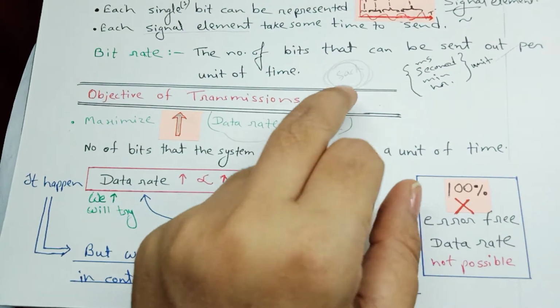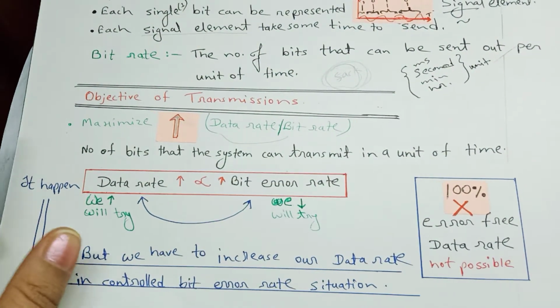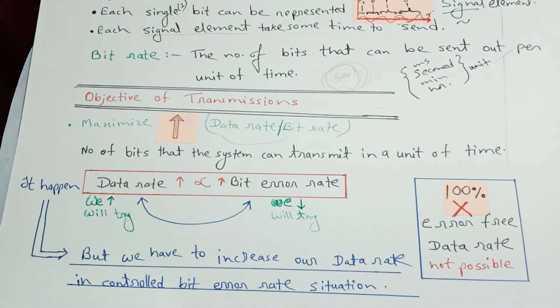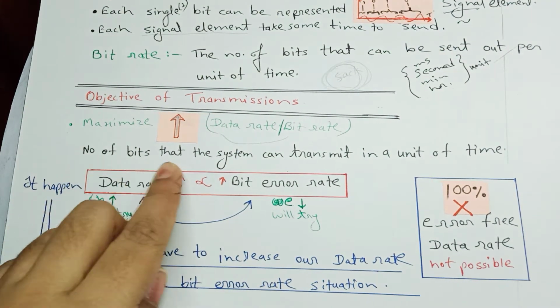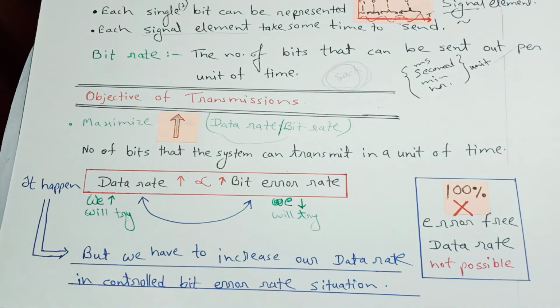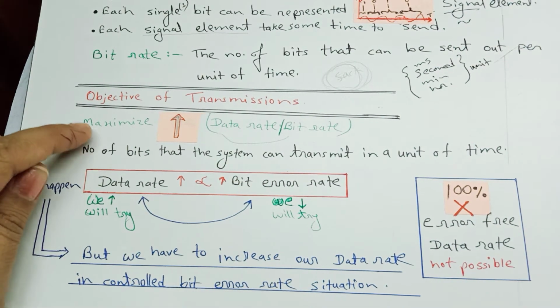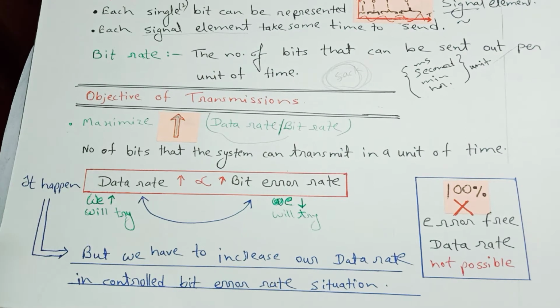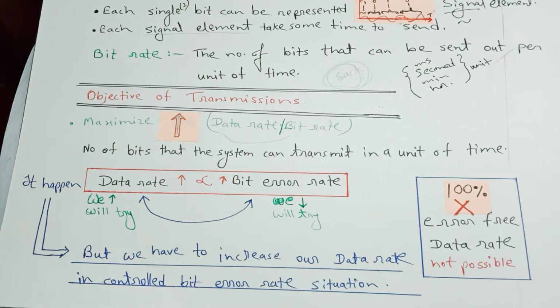The number of bits that the system can transmit in a unit of time, we want to maximize this data rate or bit rate.